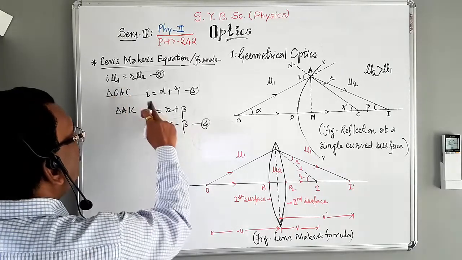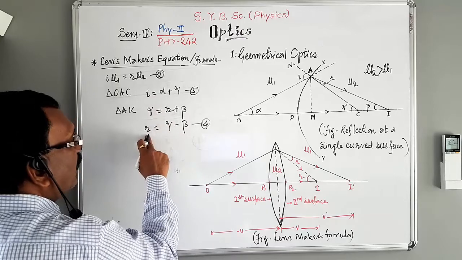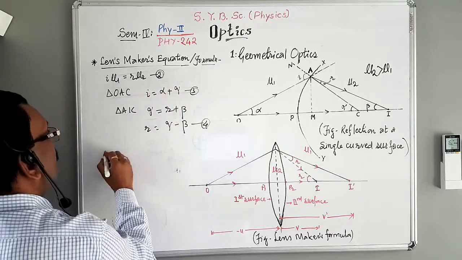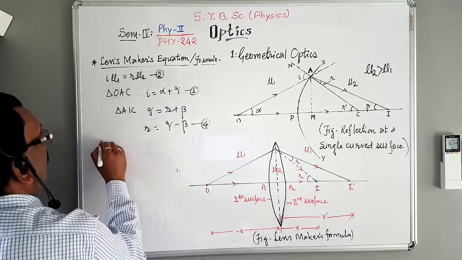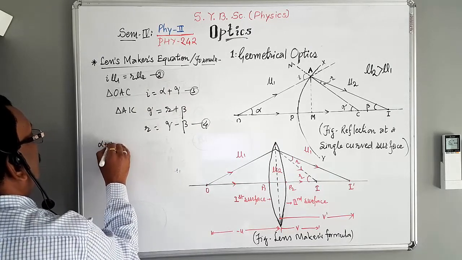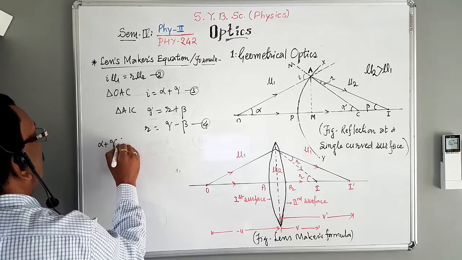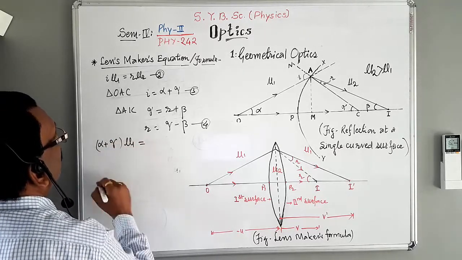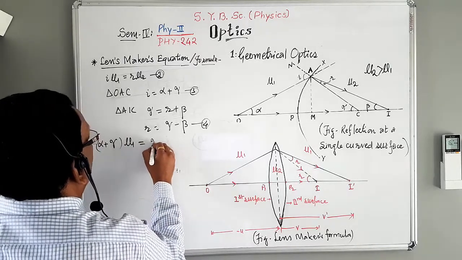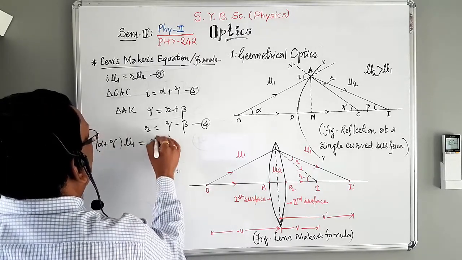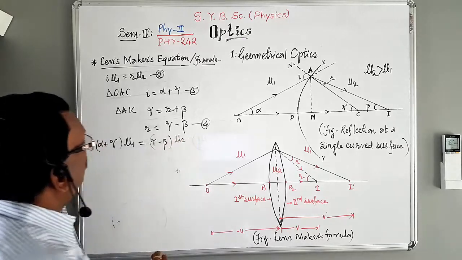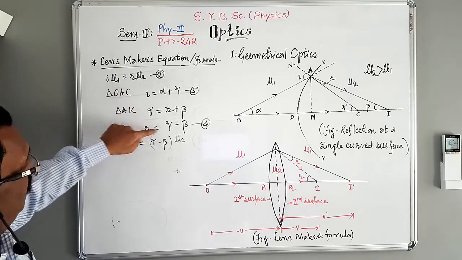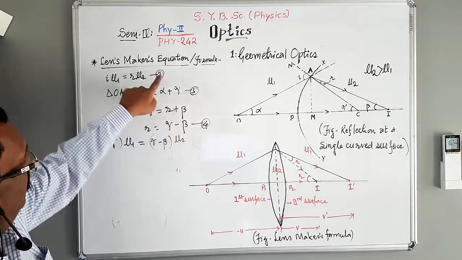So after substituting the values of I and R from equations 3 and 4 in equation 2, we have alpha plus gamma into mu 1 is equal to gamma minus beta into mu 2.